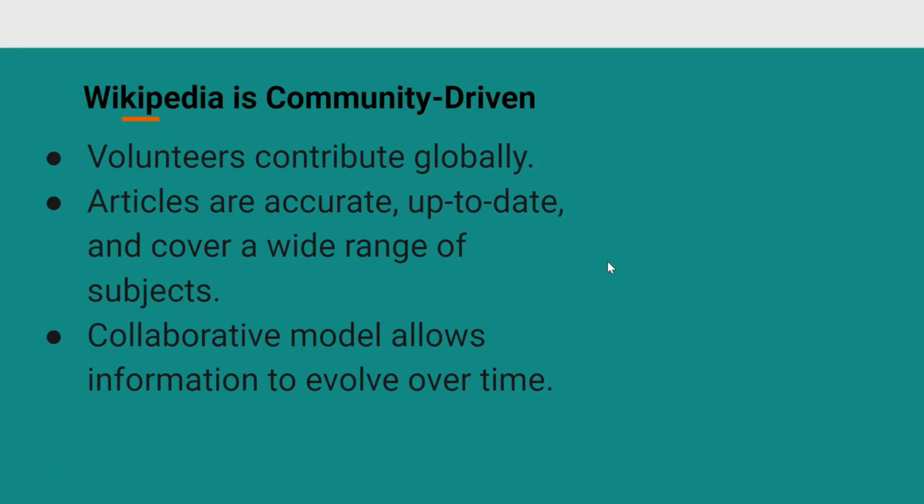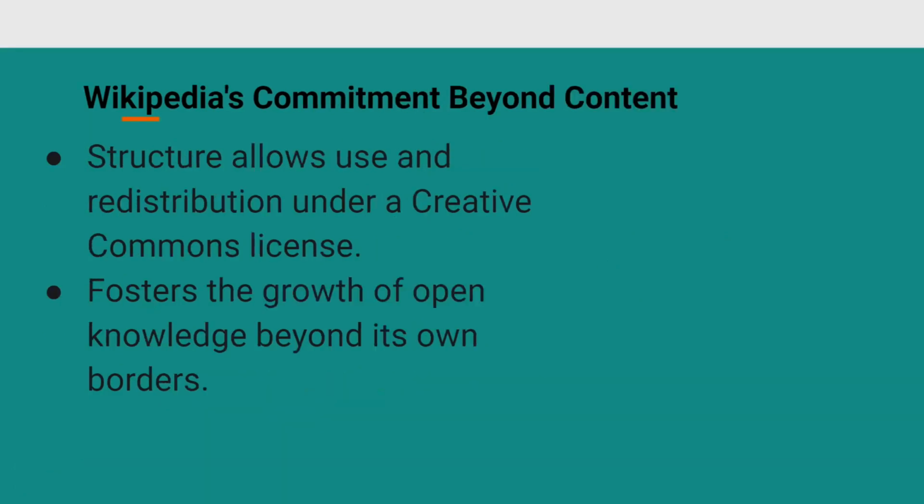So moving on to the next slide. Wikipedia's commitment is beyond content. First, its structure allows use and redistribution under a Creative Commons license. This Creative Commons license is where you upload content on Wikimedia Commons.